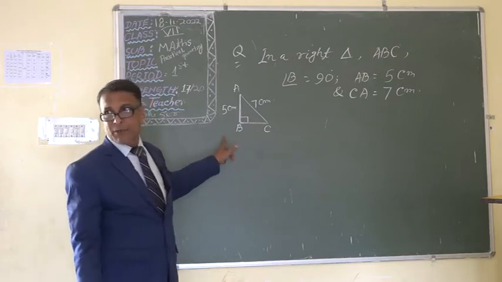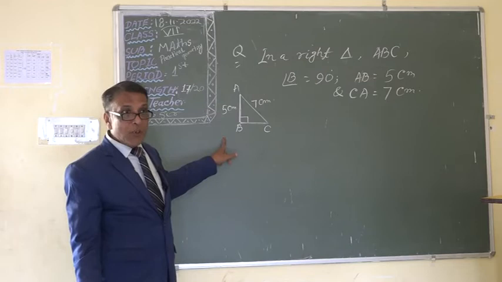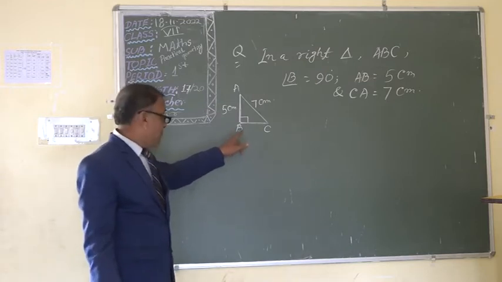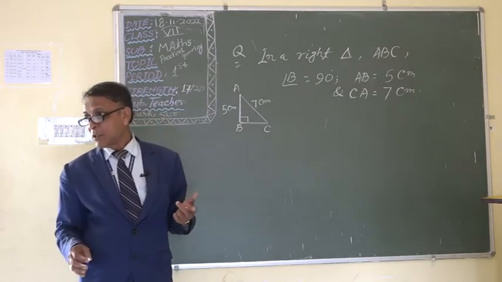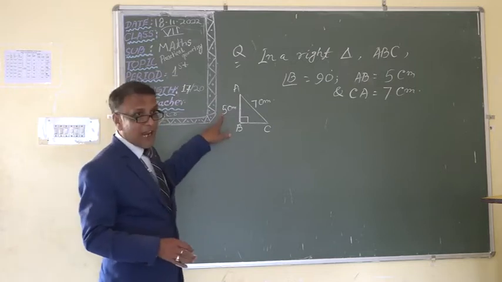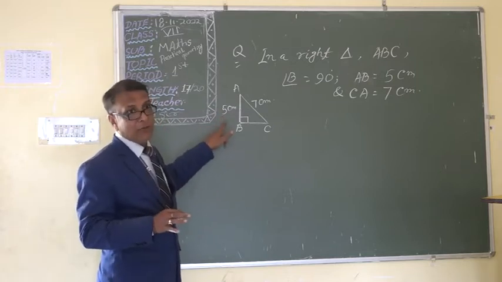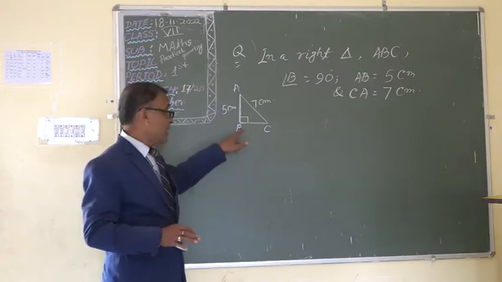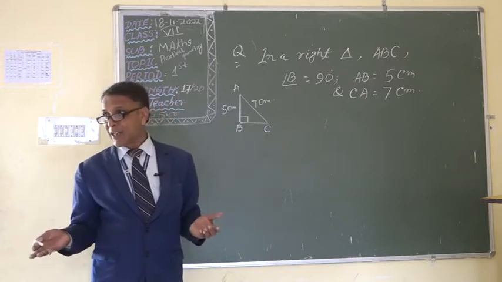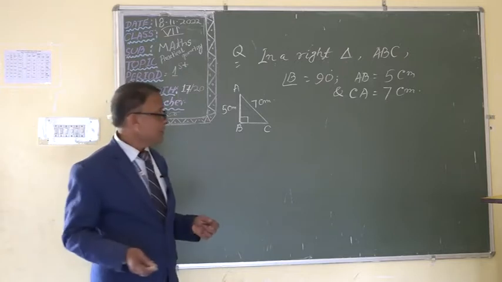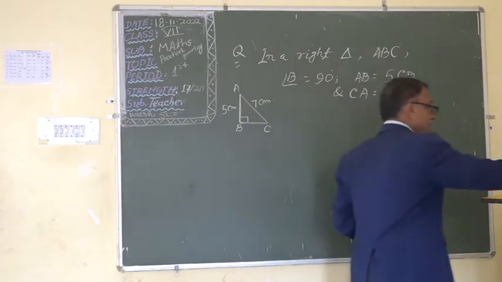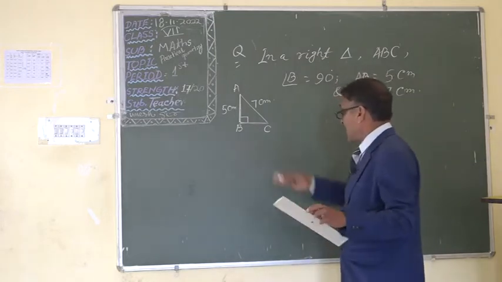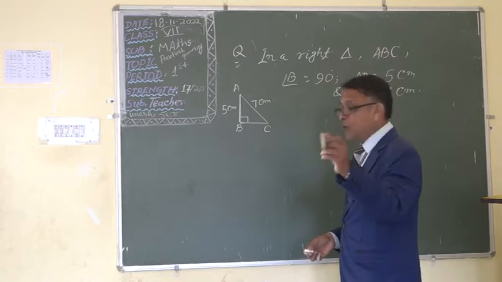I am getting the idea from this diagram of which one I will take as the base. BC side length is given? Then how can you draw it? Yes, where the side length is given, that will be taken as the base. You said that you will take BC as the base, but the length of BC is not given. So first you take AB as the base. By using your scale, take the length AB equal to 5 centimeter.